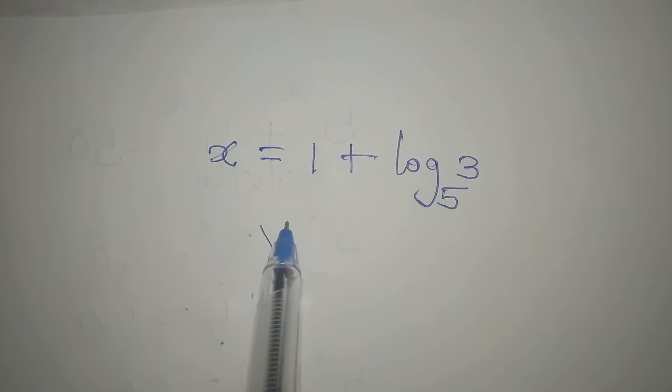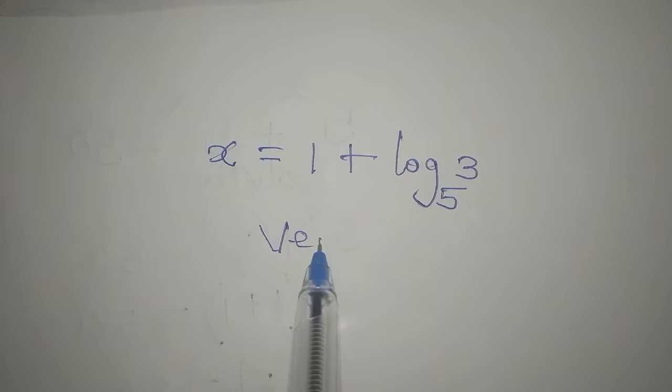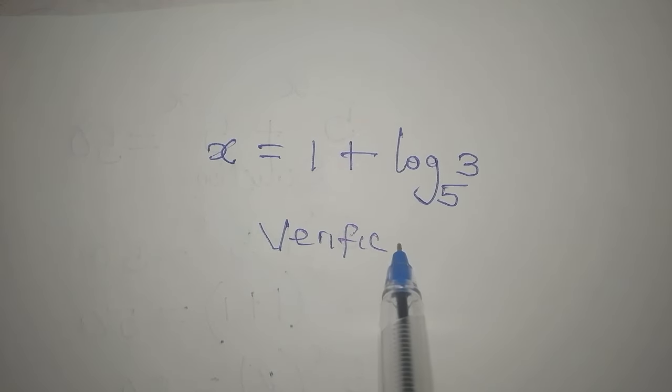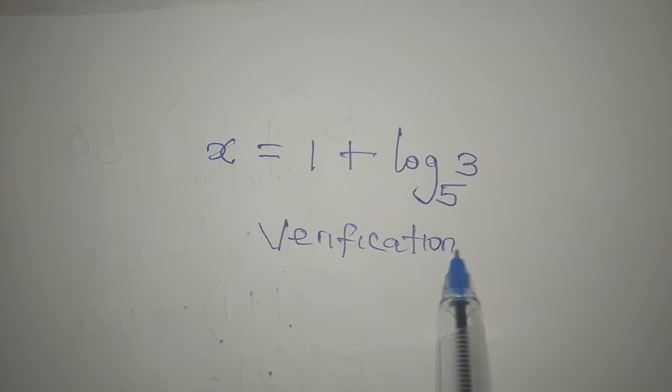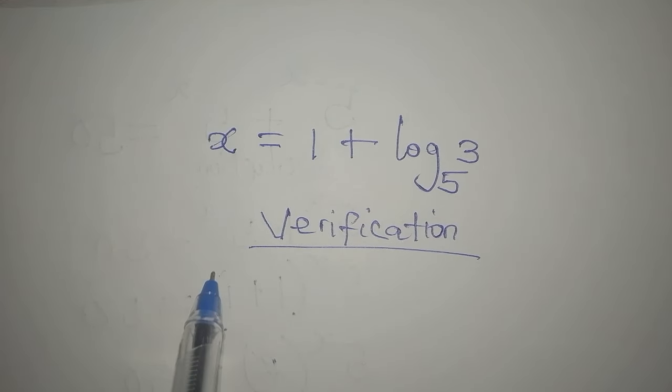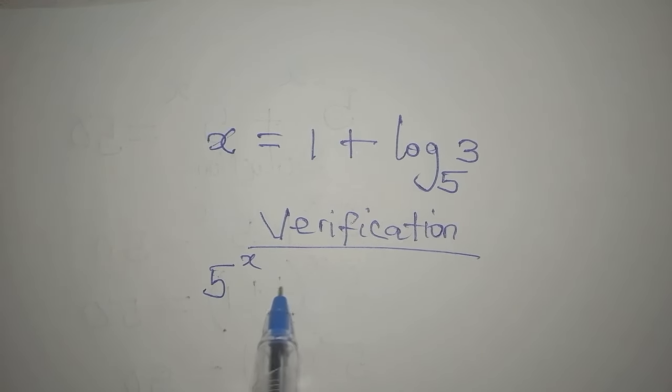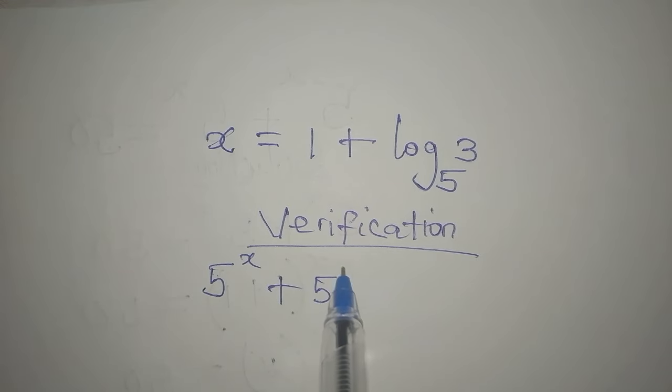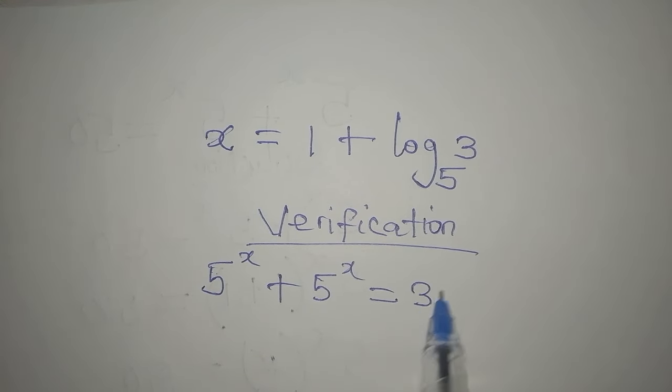So let's verify to see whether what we got truly satisfies the equation. Remember, the equation is 5 to the power of x plus 5 to the power of x equals 30.